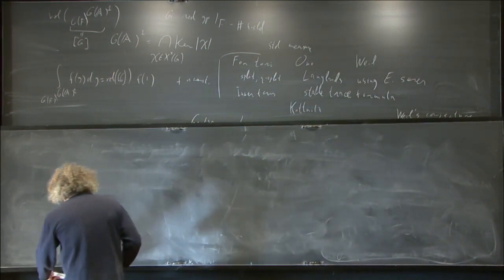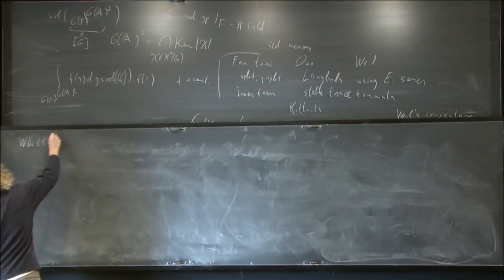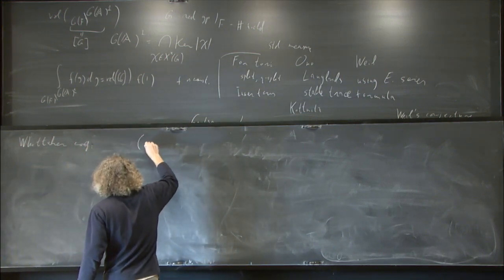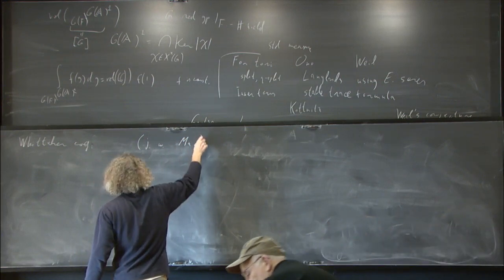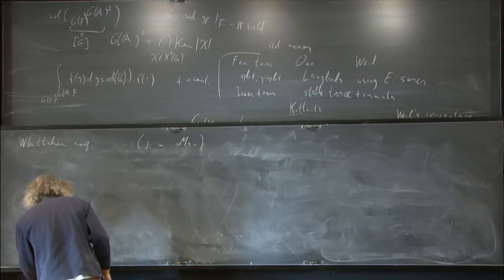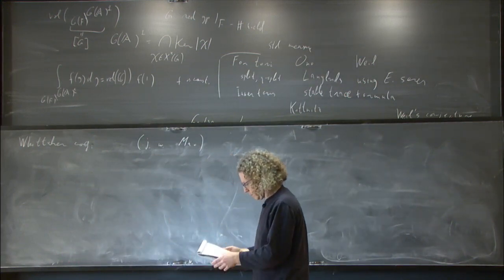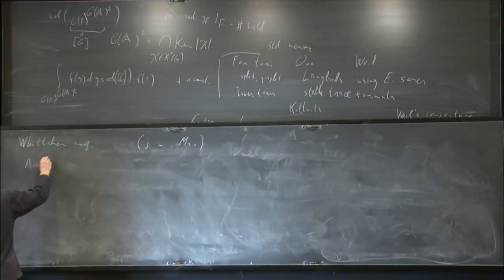So the conjecture is about Whittaker coefficients, and it is joint work with Mao. But as a prerequisite, we need to say something about Arthur's conjectures.